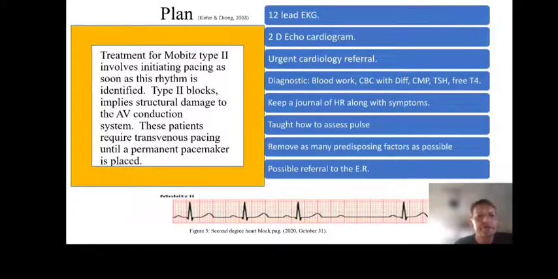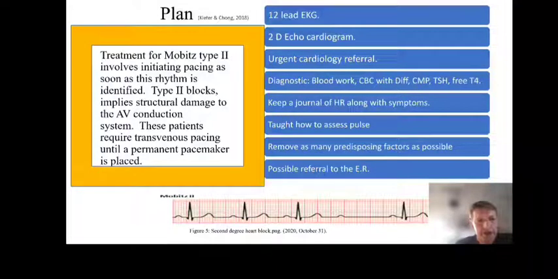Plan. The treatment of Mobitz type 2 involves initiating pacing as soon as the rhythm is identified. Type 2 blocks imply structural damage to the AV conduction system. These patients require transvenous pacing until a permanent pacemaker is placed. With a patient like this, it's important to get pacing done as the patient can go into a rhythm that is not life-sustainable.